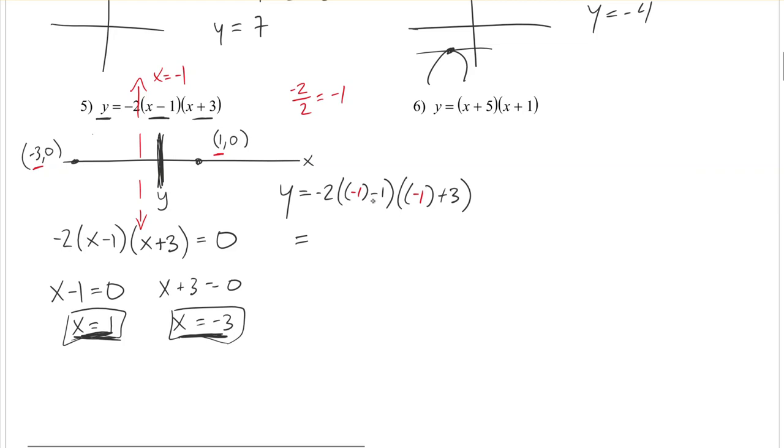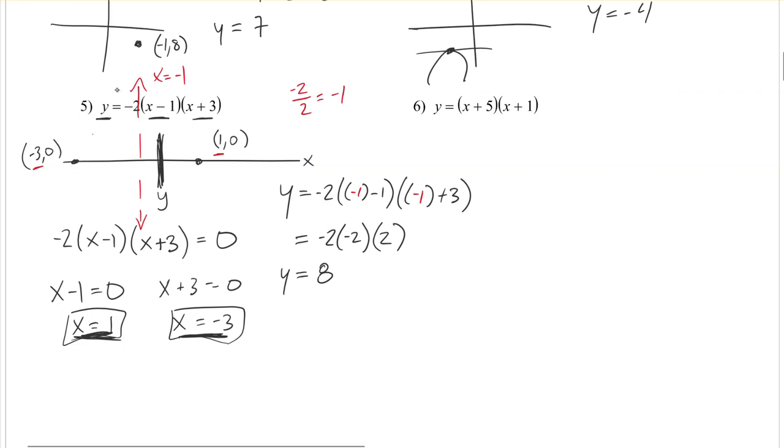Negative 1 minus 1 makes negative 2. So this is negative 2 times negative 2, and here negative 1 plus 3 makes 2. So now how many negative factors do we have? We've got 2 negative factors, so our y value is going to be positive 8. So that means our vertex would be way up here at negative 1, 8.